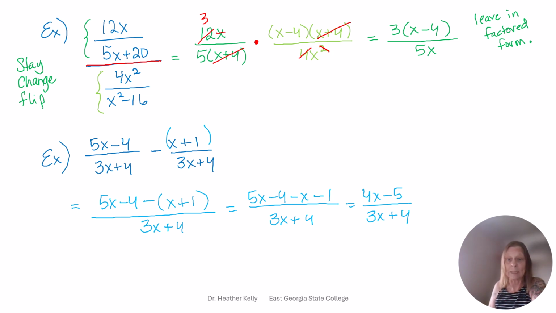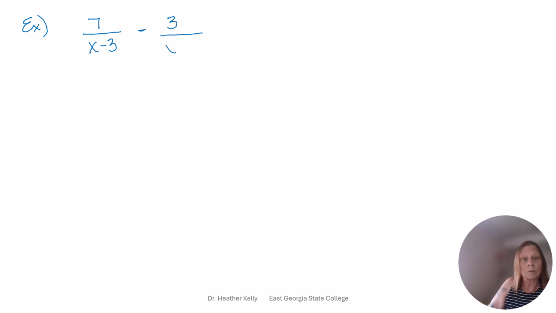We can't simplify it down anymore. Okay, let's do a couple more examples: 7 over (x minus 3) minus 3 over (x plus 1).